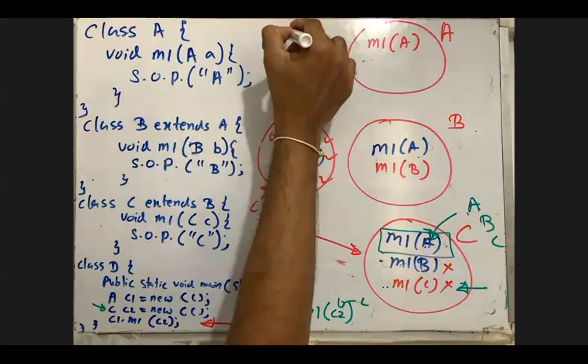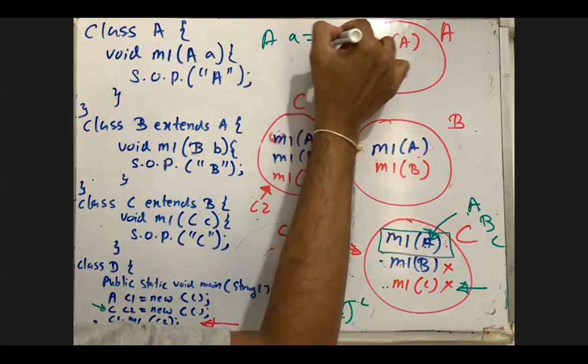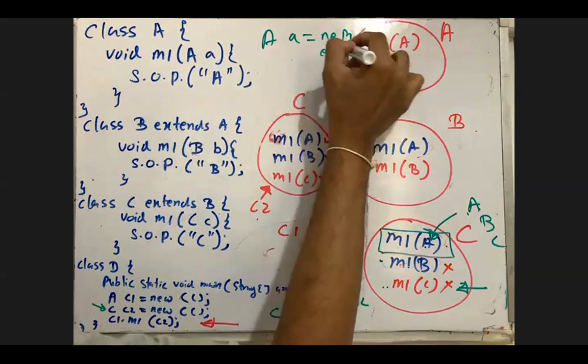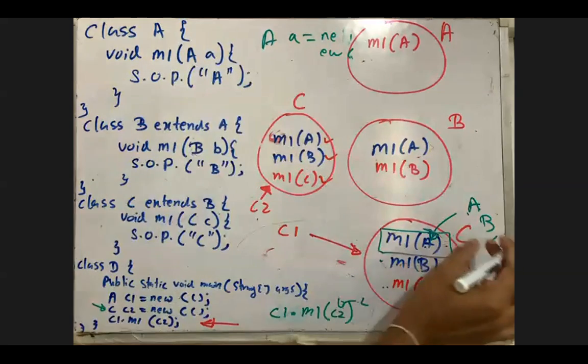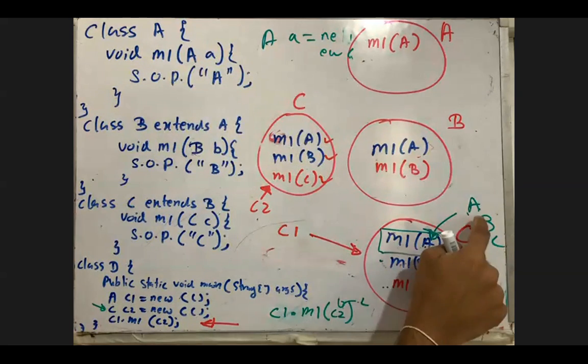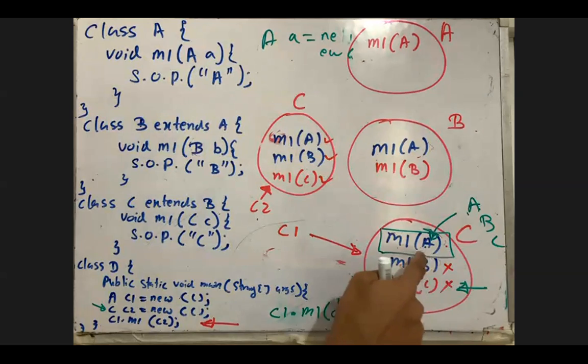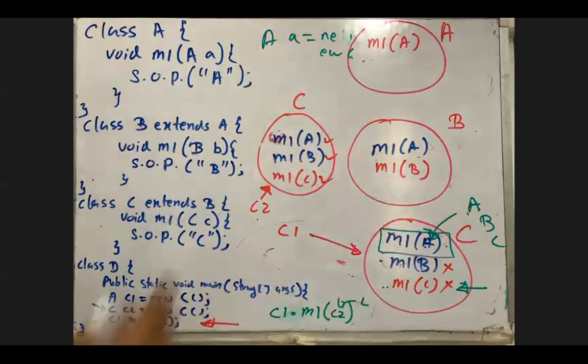If you use A equals new B or new C, likewise, A can hold them. Therefore you can pass not only A but B and C objects here and call this method. Do you understand that part?